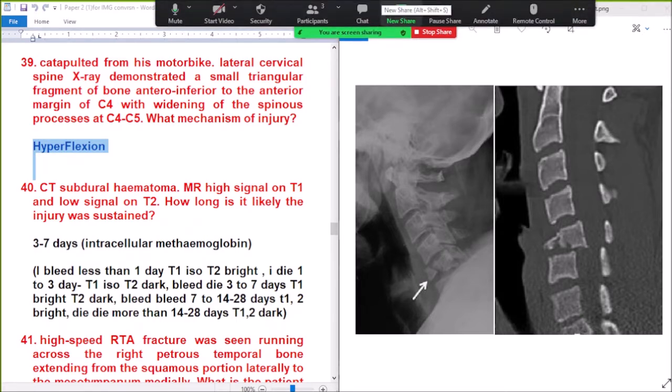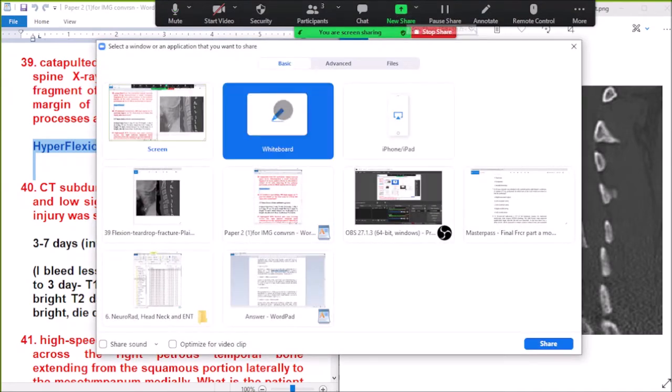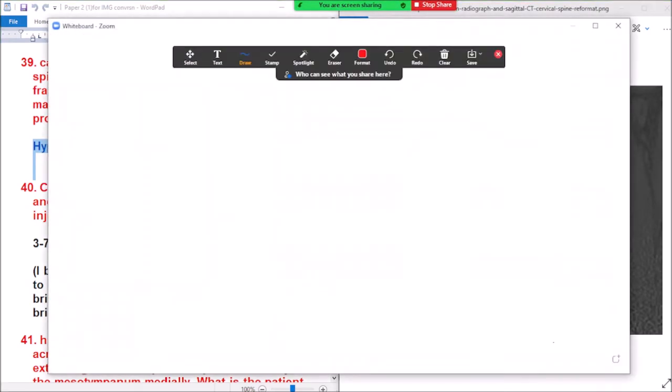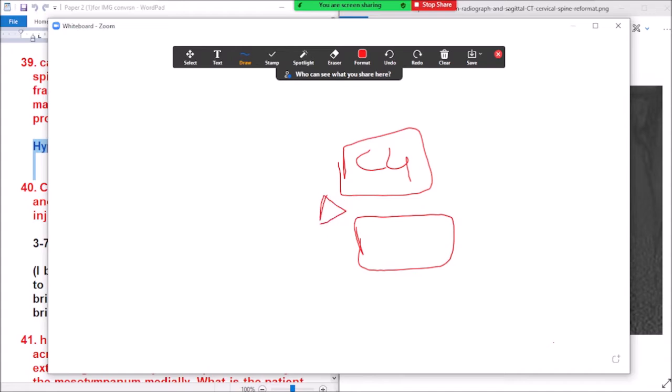Look here. If you have this C4, this C5, here they're saying there's a triangular bone fragment over here. It means this is going to be part of C4 that broke off, and there's widening of space between C4 and C5.